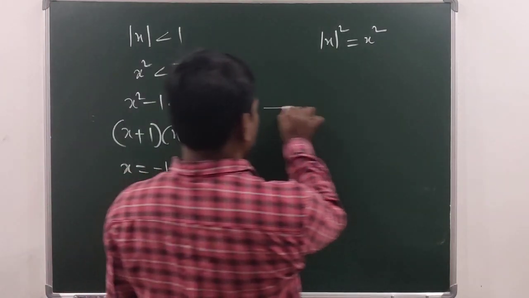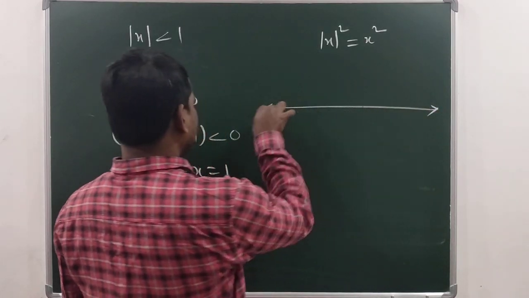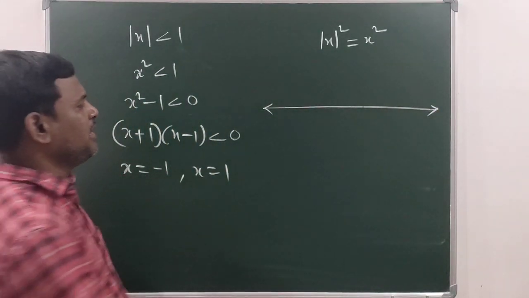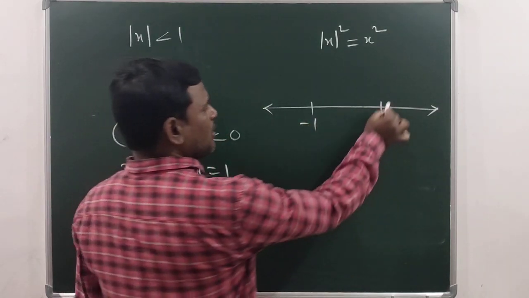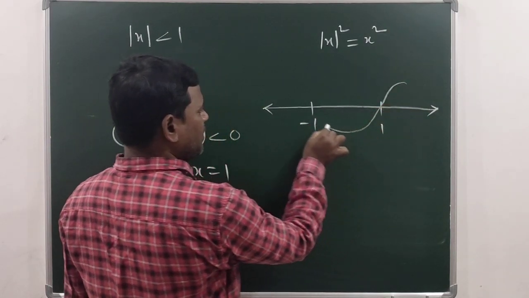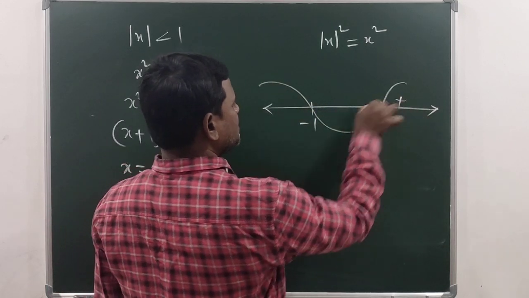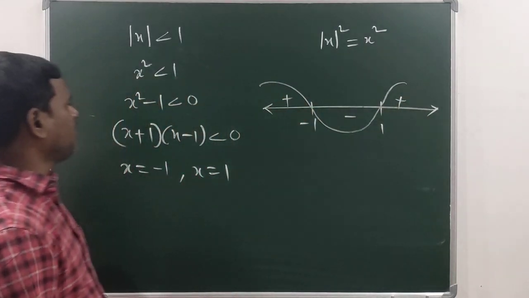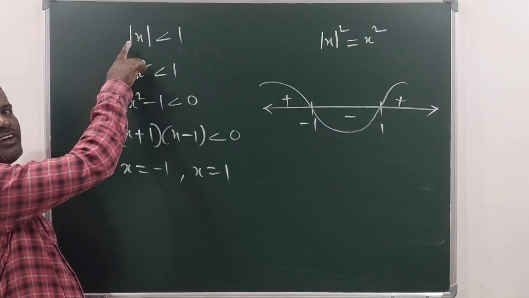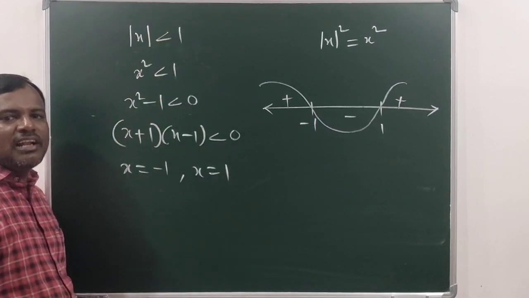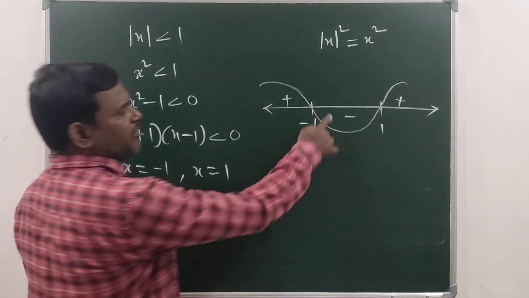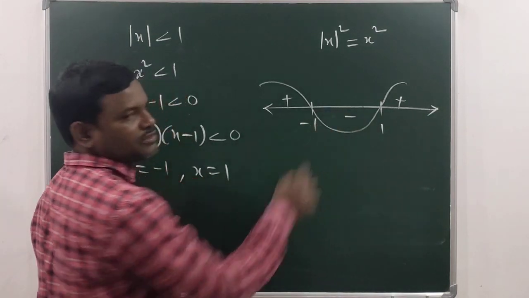Now go to the number line and represent both of them on the number line. Here we will get minus 1, here we will get plus 1. Now apply the wavy curve concept. Here plus, minus, plus. We require the solution set for x such that the expression is less than 0, which means we have to consider this middle interval.